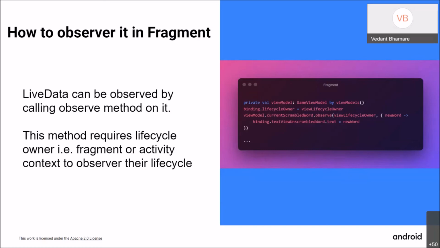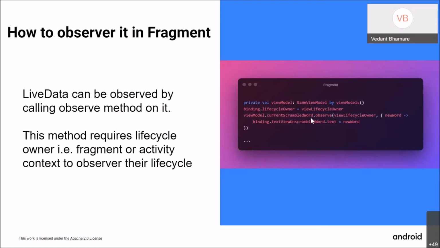If I am using this fragment, using this content of view model to read the content of game view fragment, then you have to address the view model that this is the fragment that I am trying to read. So for that, there is a thing called the life cycle owner.